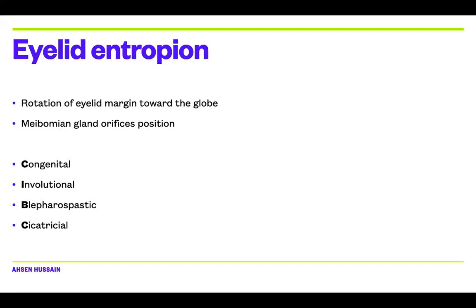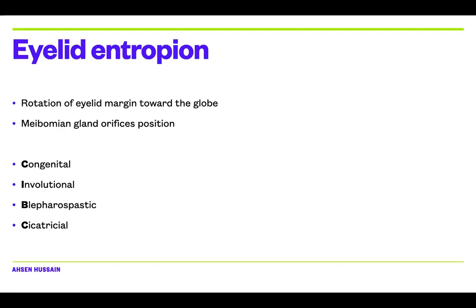The second is overriding of the preseptal orbicularis oculi muscle over the pretarsal OO muscle. The third is horizontal eyelid laxity, and the fourth is enophthalmos. But enophthalmos, like I said, has not been shown to be a significant factor in the etiology of this problem. By far, it is the eyelid retractor problem that needs to be corrected.